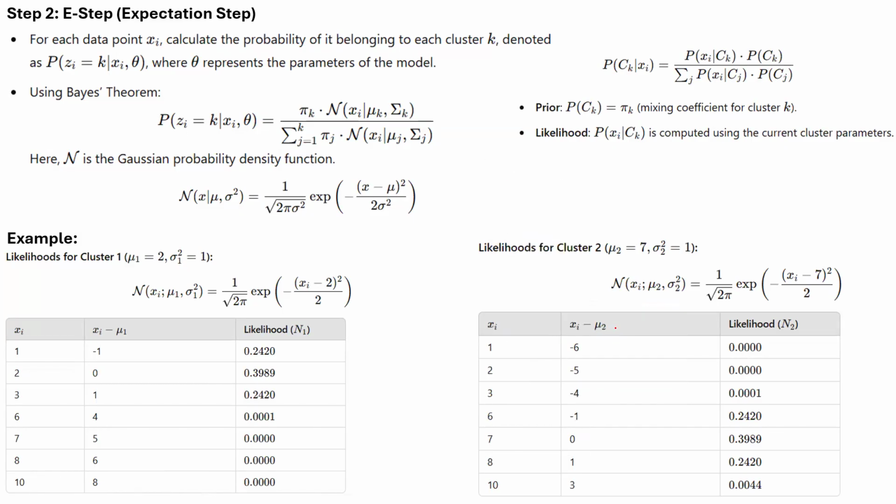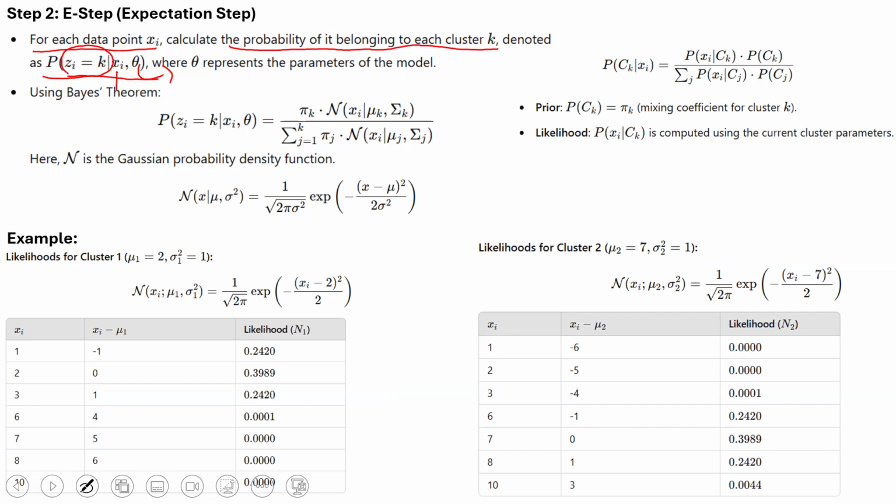For each point xi, calculate the probability of belonging to cluster k, denoted by p(z = k | xi, theta), where xi is the data point and theta is the parameters of the model, that is mean and standard deviation. Now you are calculating the probability of this point belonging to this particular cluster k.